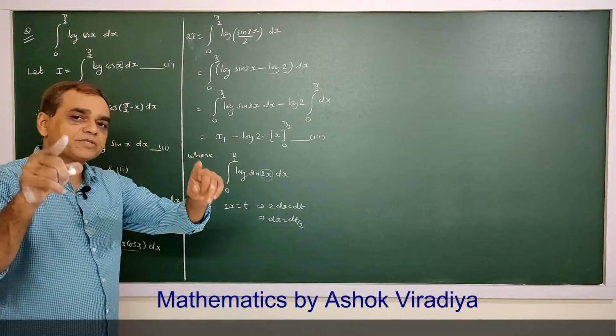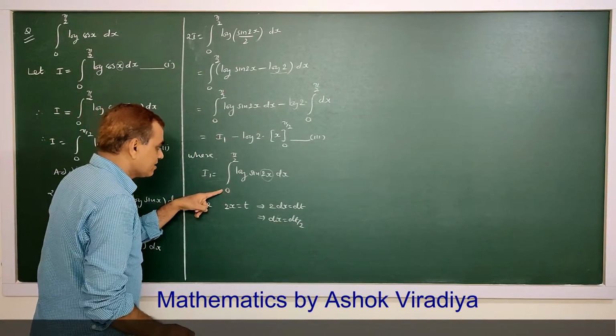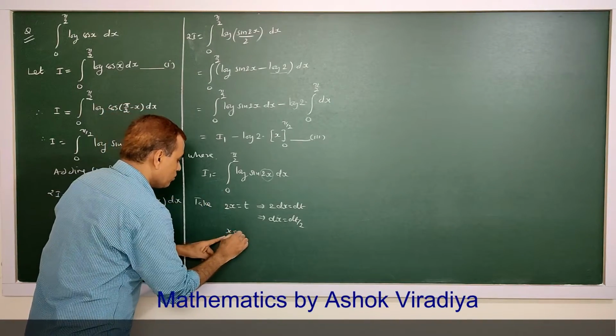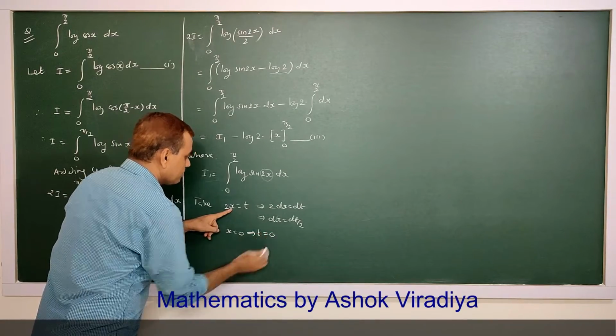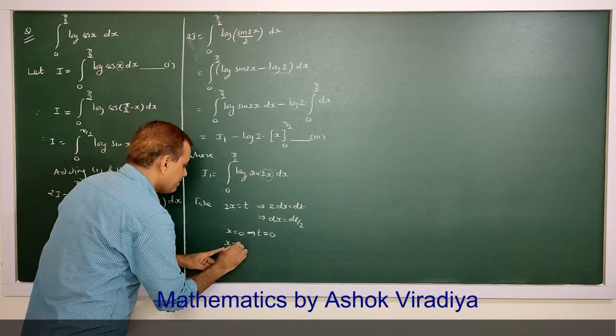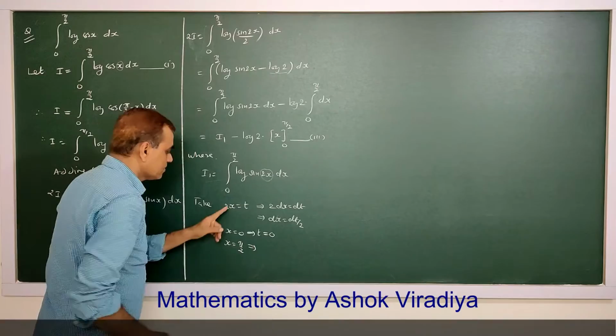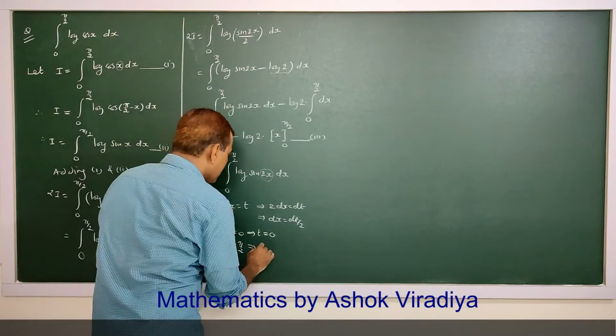And when we substitute, we have to change the limits. So when x is 0, putting x as 0, t is 0. And when x is pi by 2, putting pi by 2, t is pi.